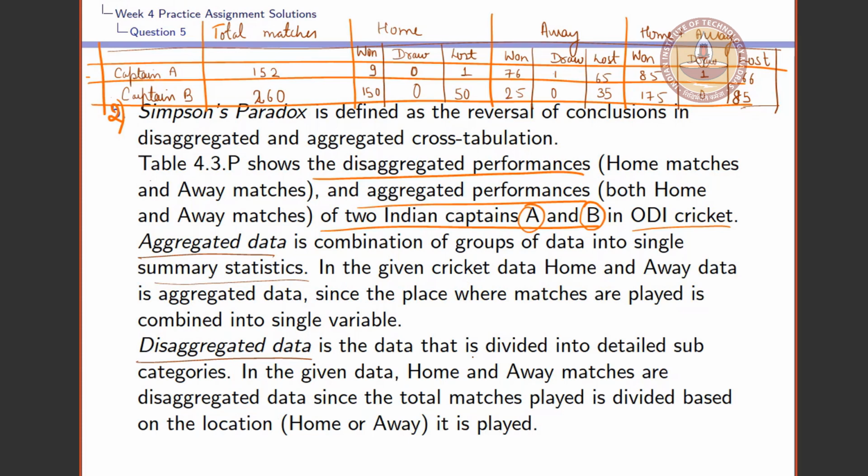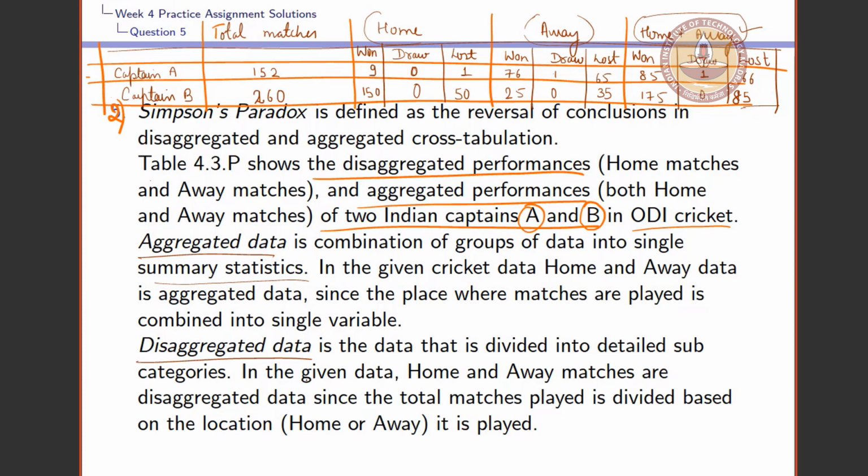So we have collected here the data from home matches and away matches for Captain A and Captain B, and in this column we have combined both the data and written down the summary for home plus away matches for both the captains.